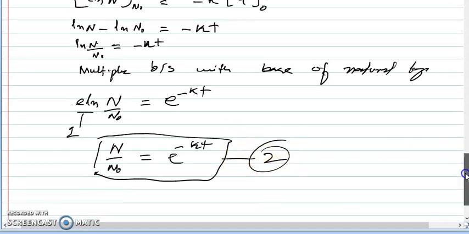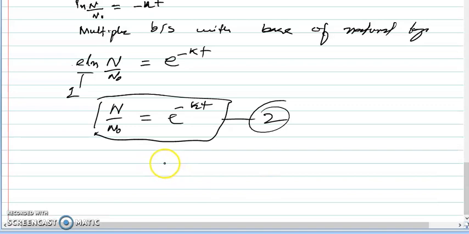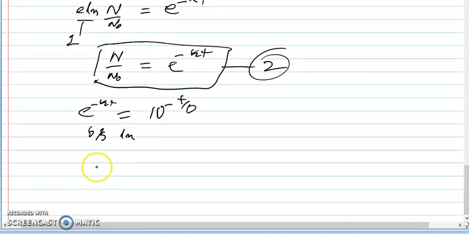Now from equations first and second, we came to know that e raised to the power kt is equivalent to 10 raised to the power t divided by D. If we take ln on both sides of the above equation, we will get ln e raised to the power kt is equal to t divided by D times ln 10.